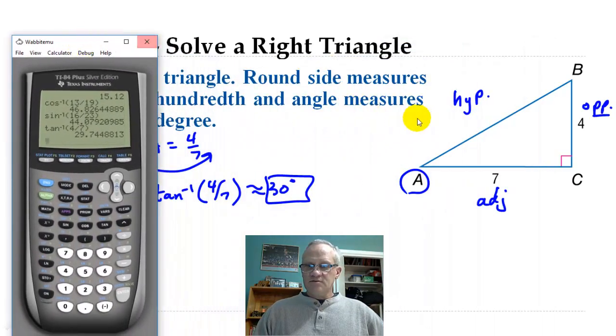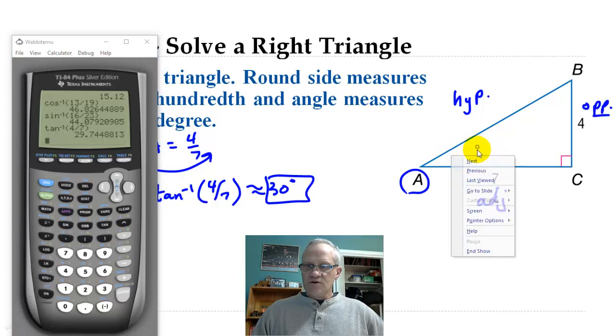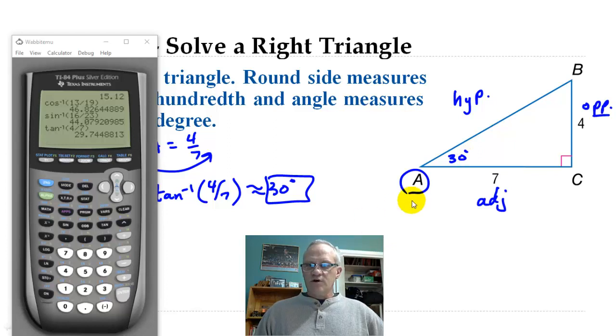So that's 30 degrees. We also have to find the other angle here. We've done this before: there are 180 degrees in a triangle. If this is 90 and 30, that's 120. Take that away from 180, and this would be 60.